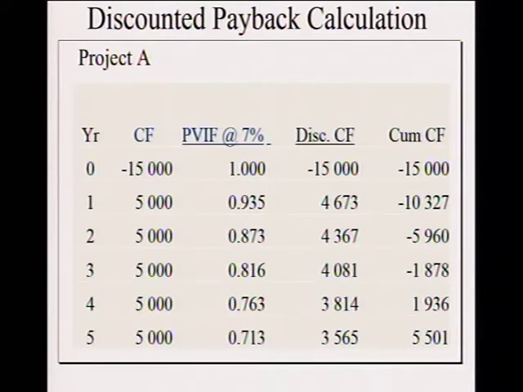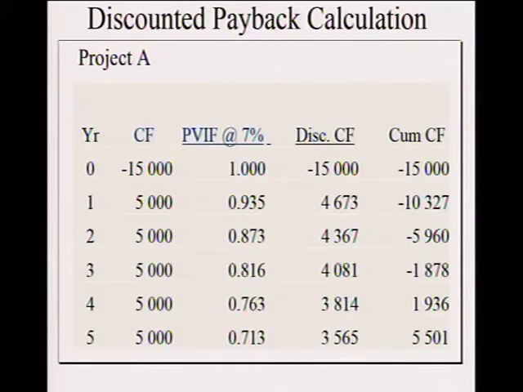Like we have said earlier on, it is between year 3 and year 4 that we have got our cumulative cash flow of 0. Now, it means at the end of year 3, we have only 1,878 to recover.